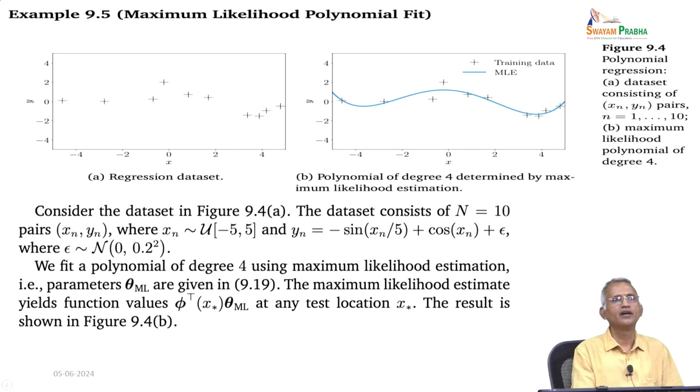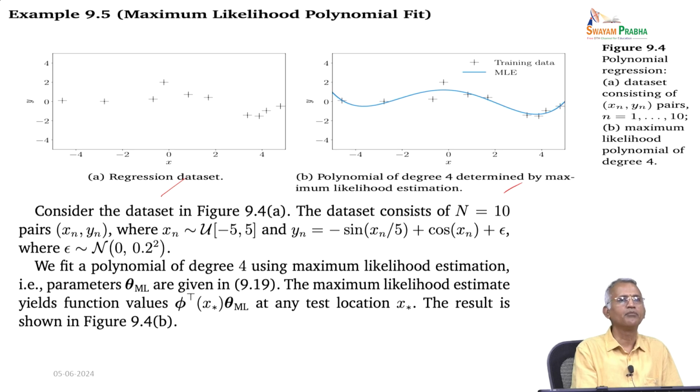So, we have a maximum likelihood polynomial fit based on a regression data set and a polynomial of degree 4 determined by maximum likelihood estimation. So, figure A consists of xn, yn pairs where n varies from 1 to 10.